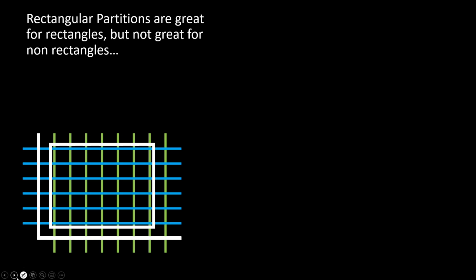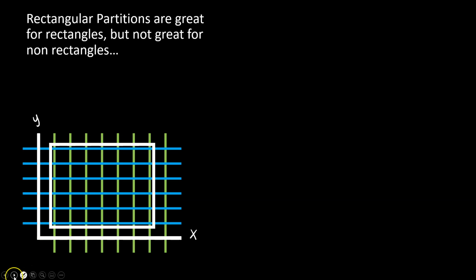Now, rectangular partitions are great for rectangles. If you take a look at the blue and green partition that I've created on the screen, assuming we're looking at some x and y Cartesian plane, this rectangular region that I have outlined in white fits really well on this rectangular grid.